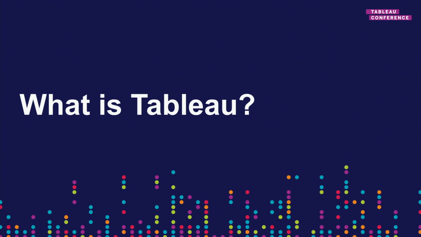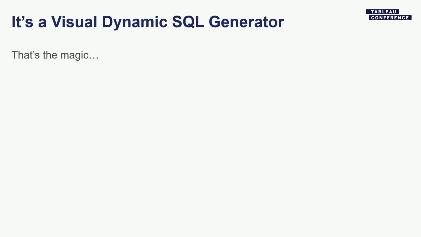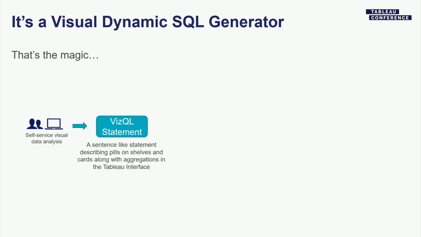So, what is Tableau? It's a visual dynamic SQL generator, and that's the magic indeed. Tableau takes drag and drop from our users and turns it into VizQL, which is a sentence-like statement.